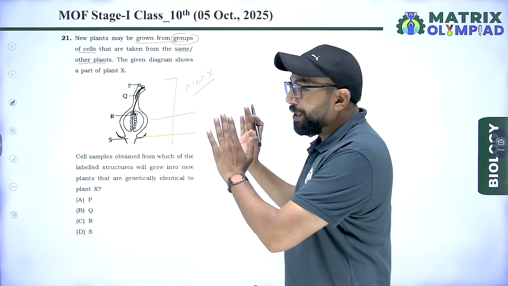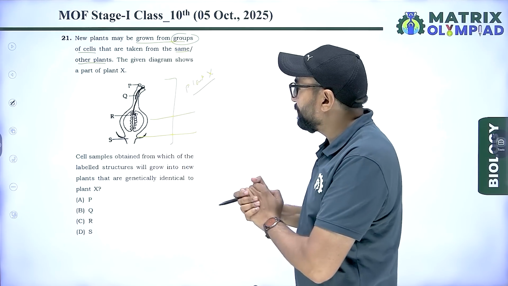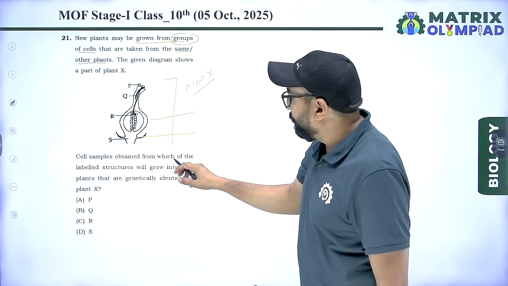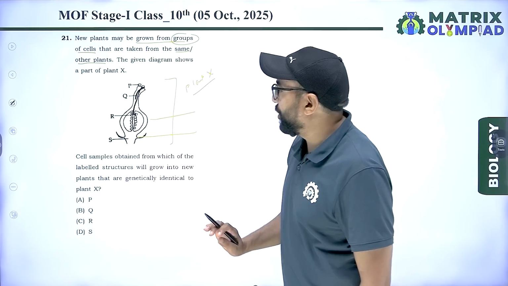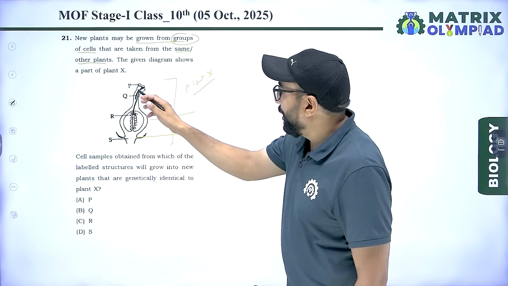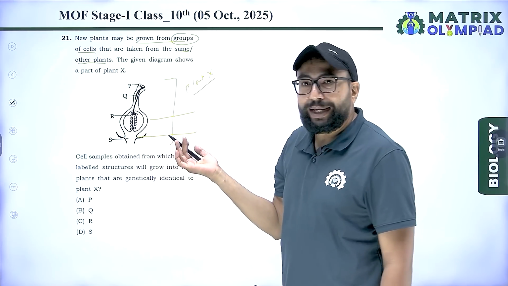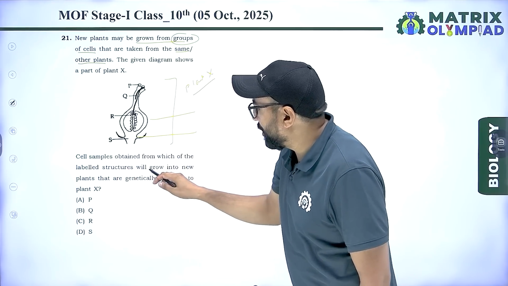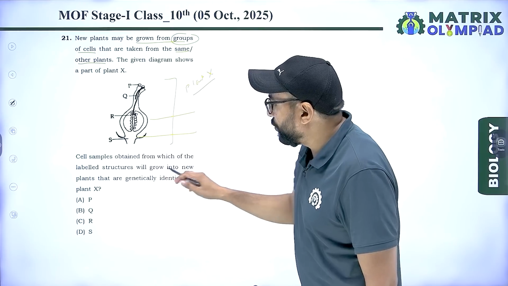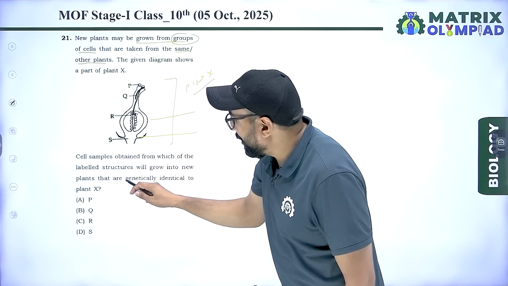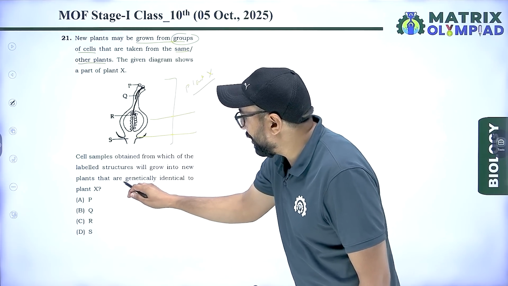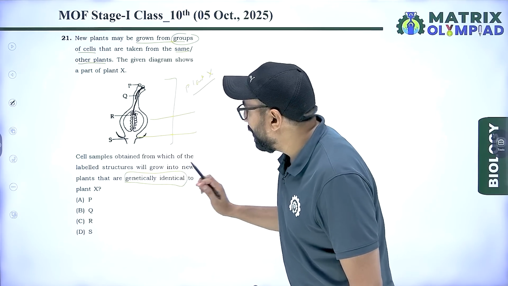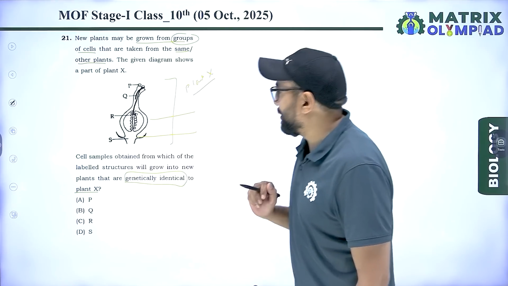But according to the diagram and the question, cell sample obtained from which of the labeled structures P, Q, R, S will grow into new plants that are genetically identical to plant X?